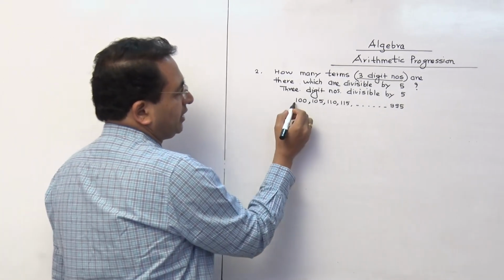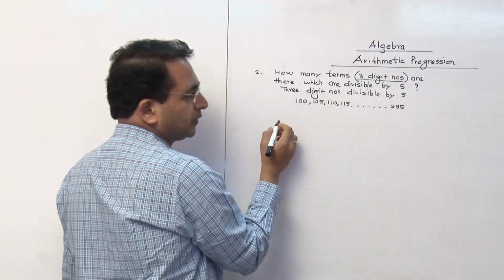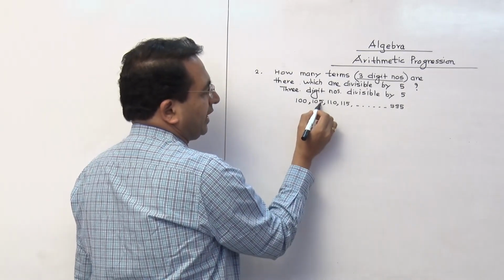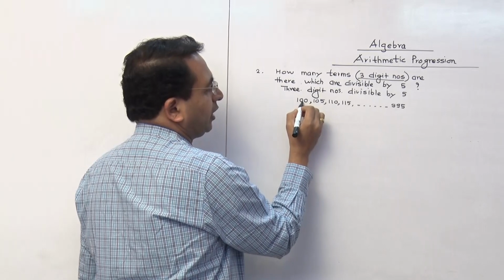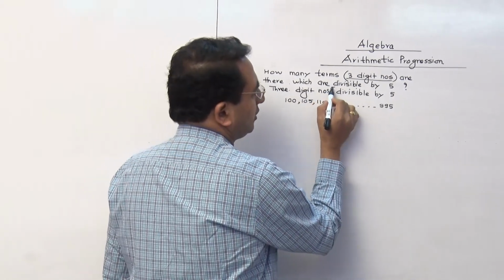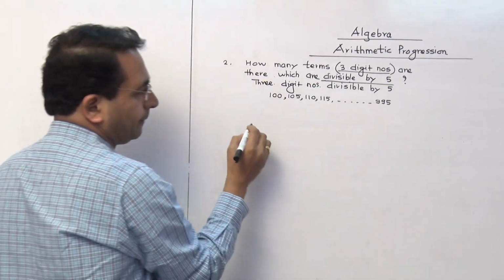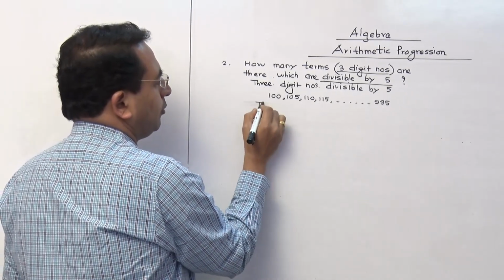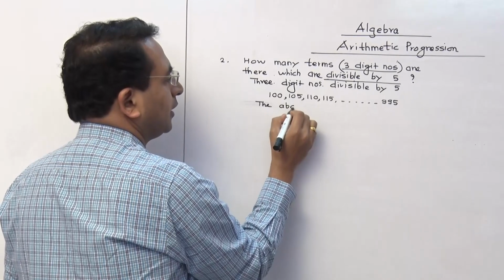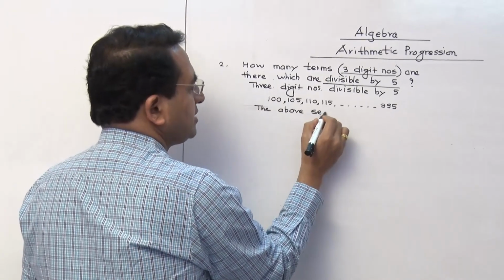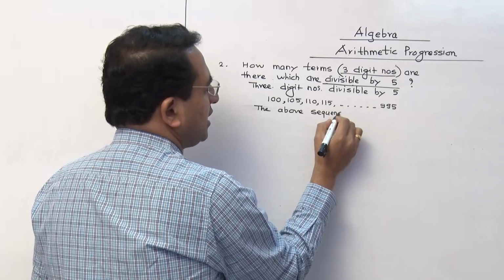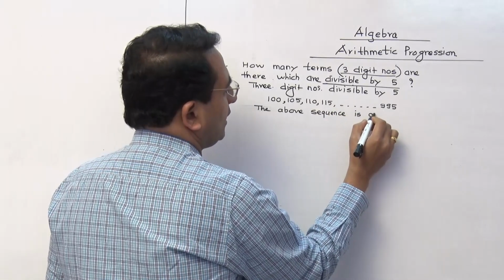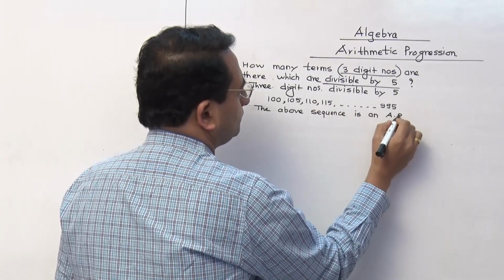Now you tell me, in this sequence, each number you get is nothing but 5 added to the earlier. That is what they have given, numbers which are divisible by 5. So we have to write the above sequence. The above sequence is an arithmetic progression.